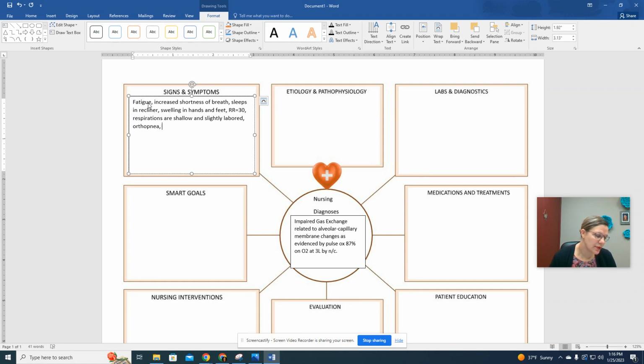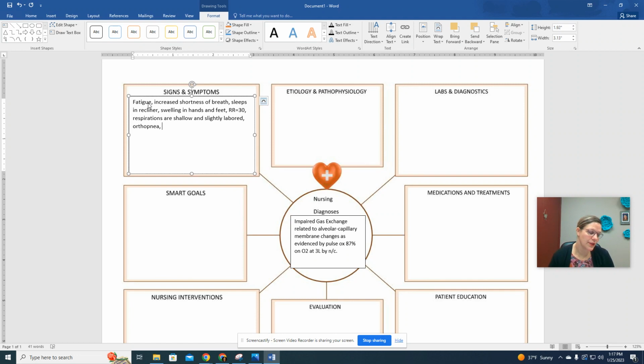It says no signs of cyanosis, normal color skin, barrel-shaped chest expansion minimal but equal. Let's see. I'm just looking for things that have to do with the alveolar capillary membrane, things that show that there are changes in the alveolar capillary membrane.